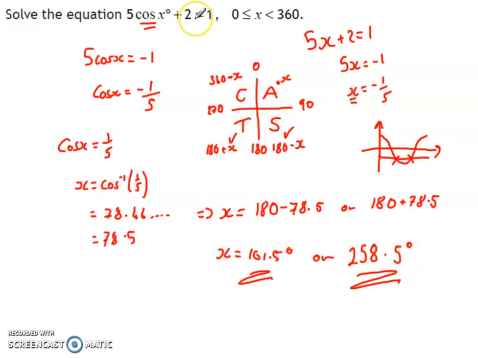With these sorts of questions, it's the same standard procedure and standard set of steps. Treat it like a normal algebraic equation. The only difference is you'll have your trig function here, whether it's sine, cos or tan. Once you've got to this stage, use your CAST diagram to determine which solutions you're going to use. Ignore the negative if there's one there, do the inverse cosine, tan or sine of it and get a solution.